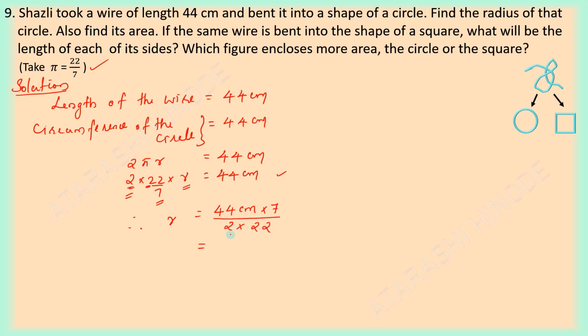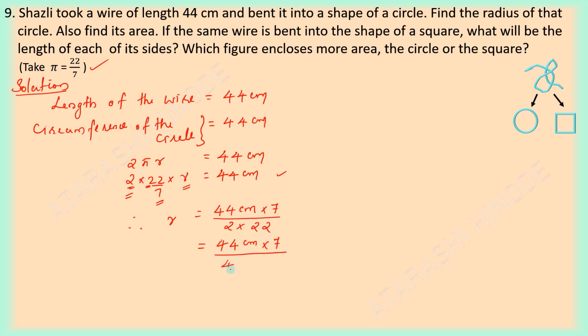We can cancel 44 with 2 and 22, or we can multiply 2 and 22 like that also. So I will write once again, 44 centimeter into 7 divided by 2 into 22.